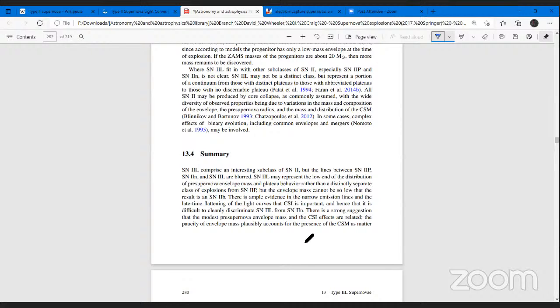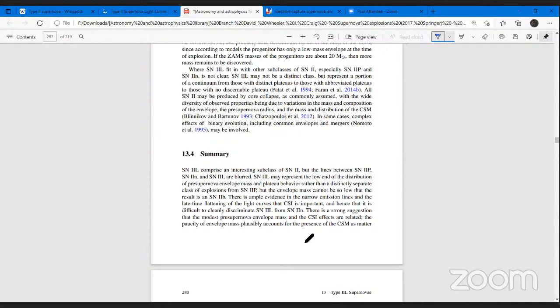So in this, they are telling we cannot distinguish very clearly the different types of these supernovae. Type 2L may represent the low end of the distribution of pre-supernova envelope mass and plateau behavior, rather than a distinctly separate class of explosions from type 2P.